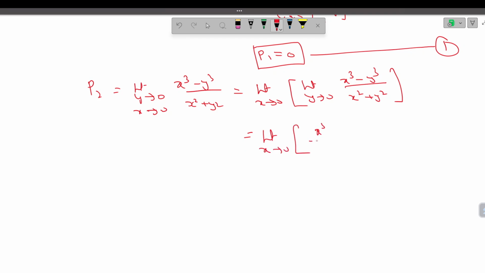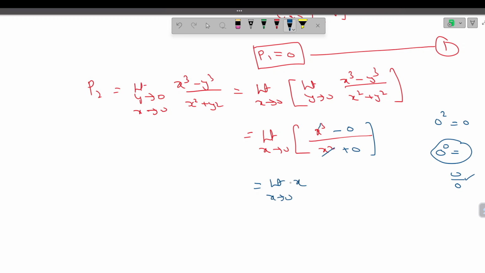If you put y equal to 0, you get x cube by x square, and the terms with 0 cube and 0 square vanish. 0 to any finite number is 0. Don't ask what 0 to the 0 is; these are undetermined forms. I have already made 10-15 videos on undetermined limits, you can go and see. So x cube by x square is x, and the limit of x is 0. So P2 equals 0.